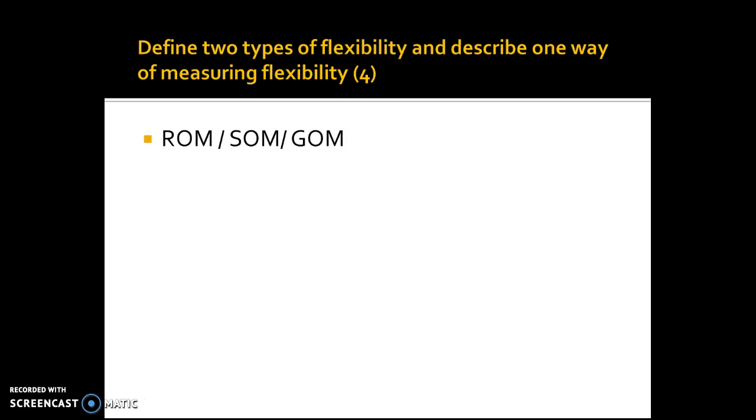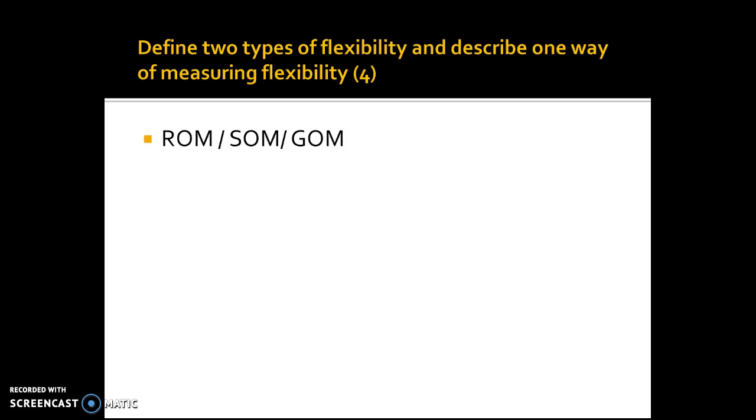Any flexibility is to do with ROM, and then there are 2 types of flexibility. One takes into account the SOM, and the other doesn't. Hopefully that makes sense. And when we're talking about GOM, we're talking about a way of measuring it. So that would be 1 way you could do this.